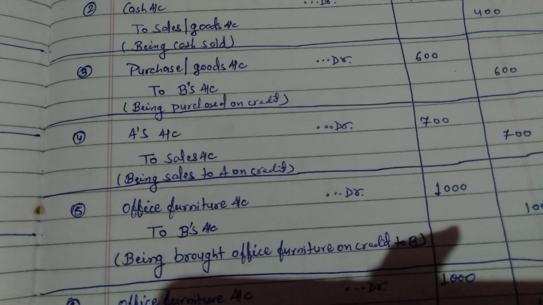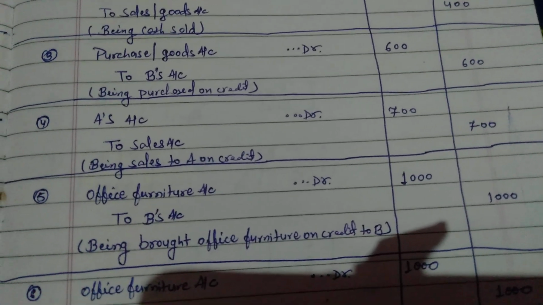So office furniture account debit to B account, 1000 rupees.